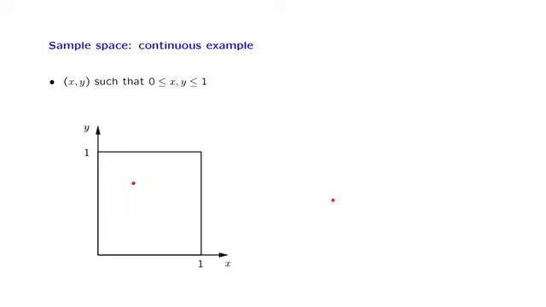Once the dart hits the target, you record the coordinates x and y of the particular point that resulted from your dart throw. And we record x and y with infinite precision, so x and y are real numbers. So in this experiment, the sample space is just the set of xy pairs that lie between 0 and 1.